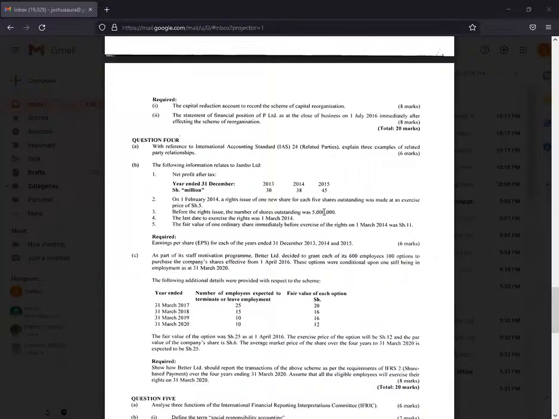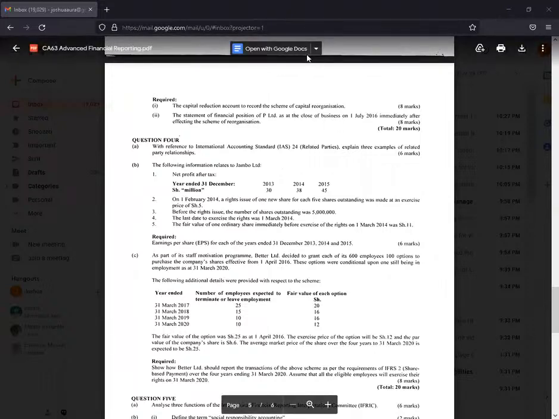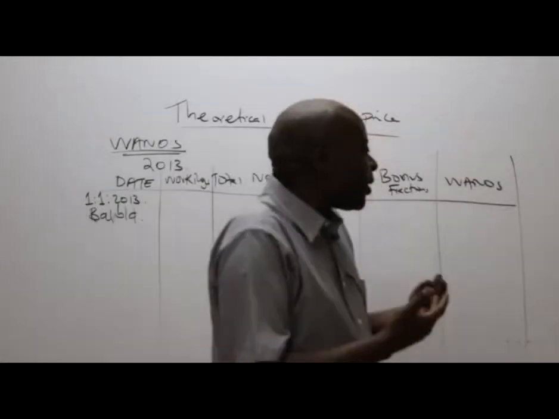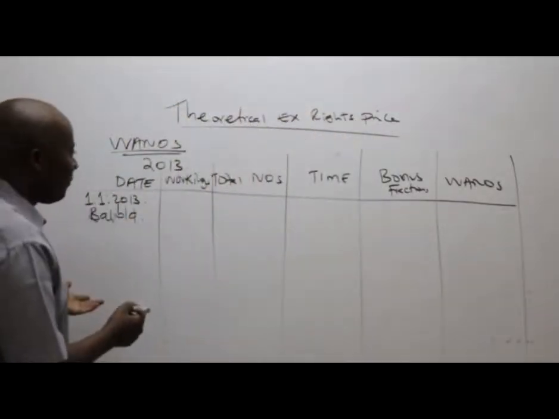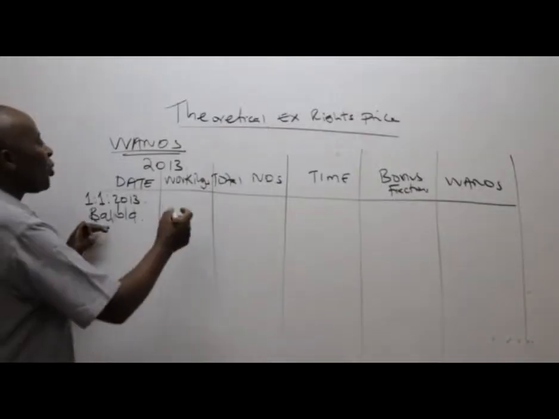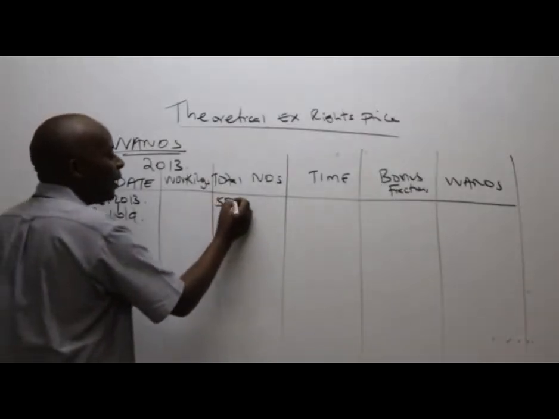And then note number 4, the last date to exercise the rights issue was 1st March 24. I told you to delete that statement. Note number 5, the fair value of 1 ordinary share immediately before. Ladies and gentlemen, before the rights issue, which took place in 2014, we've been having 5 million shares. So 2013 is closed. I ought not even to have drawn this kind of a big table for 2013, because the total number of ordinary shares in 2013 was 5 million.